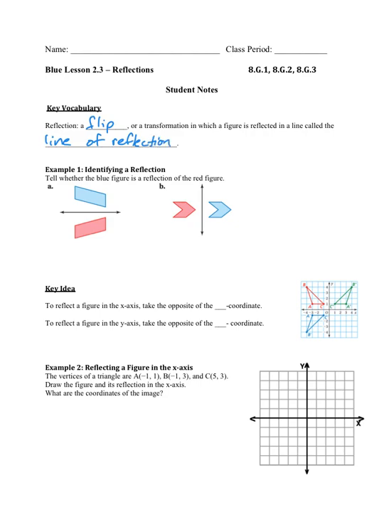So a line of reflection is a little bit like a mirror. And when you look at the figure and its image, it sort of looks like the figure is looking into the mirror. So when we look at figure A, we can see that both the blue shape and the red shape are the same distance from the line of reflection at this point, and at this point as well.